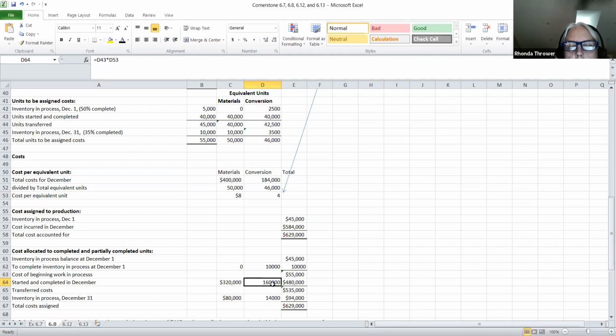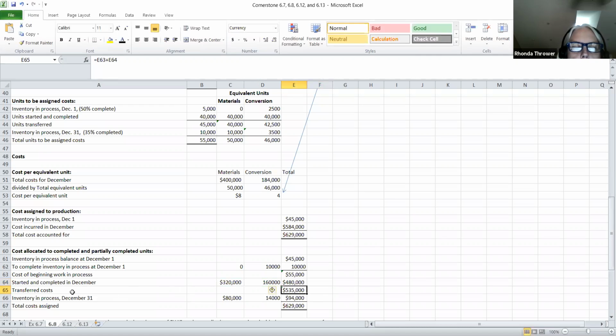When I multiply that, 40,000 times $4, it will give me 160,000. That's my conversion cost for my started and completed units. My materials plus my conversion cost are the total cost of started and completed units, which is 480,000.